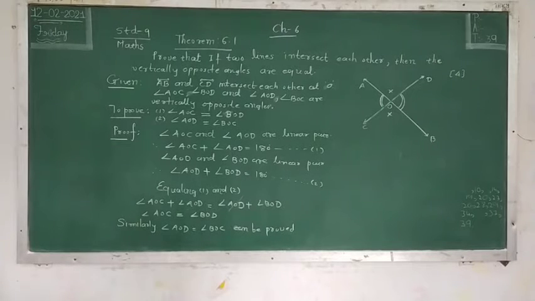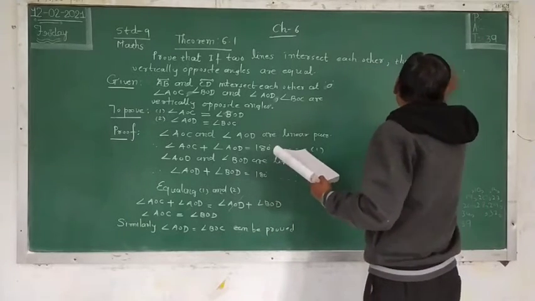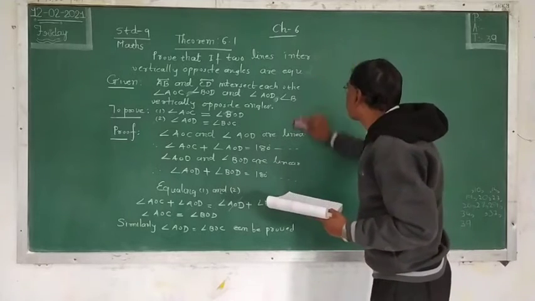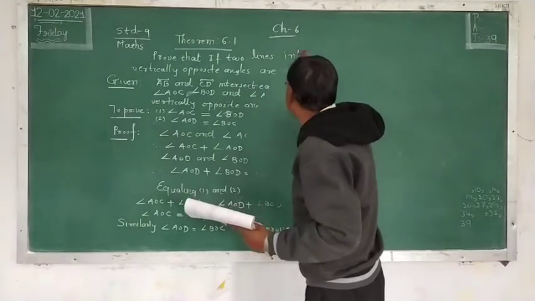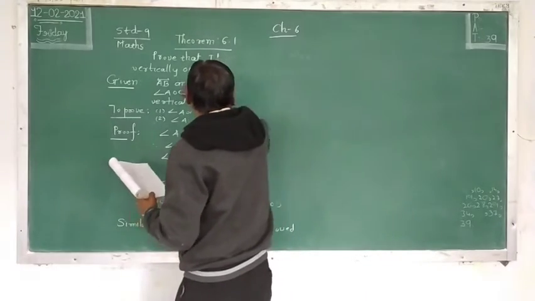Now don't speak. When the sum of two adjacent angles is 180 degrees, then they are called a linear pair of angles.